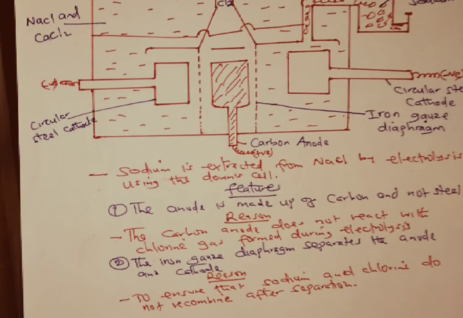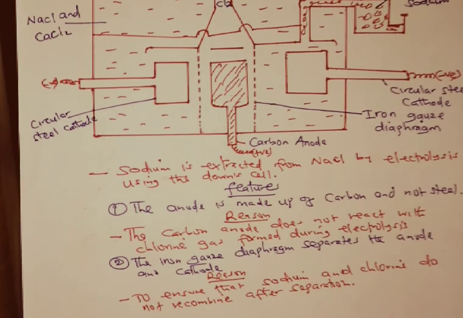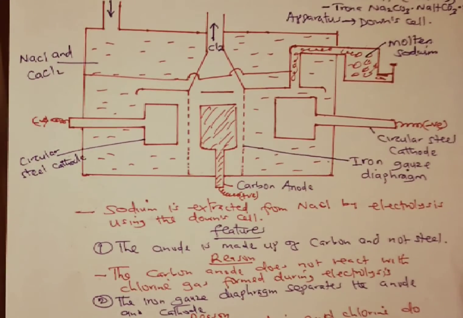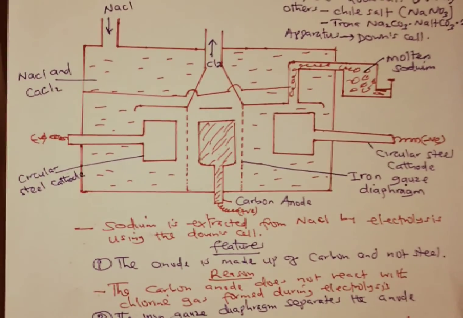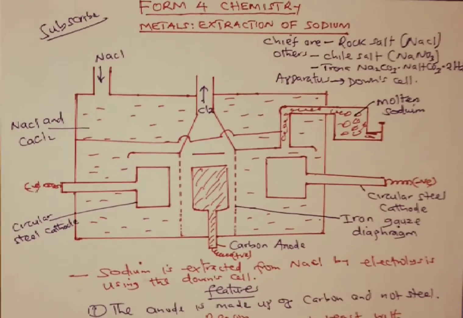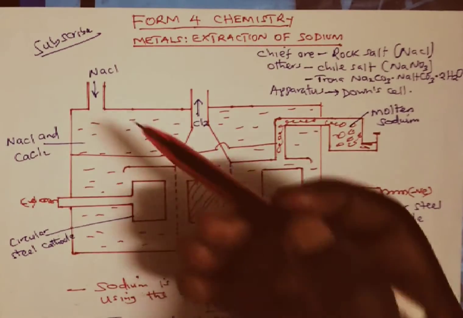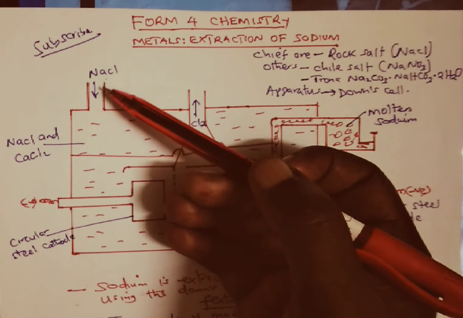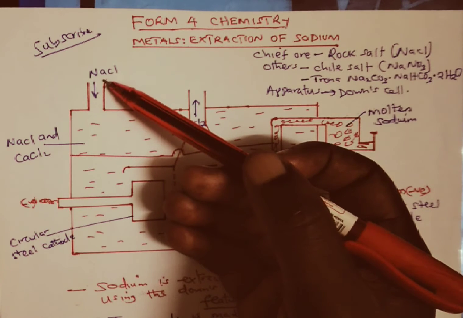Another thing that you need to realize is that sodium chloride is fed from the upper part of the Downs cell, but sodium chloride, being an ionic compound, has a very high melting point.